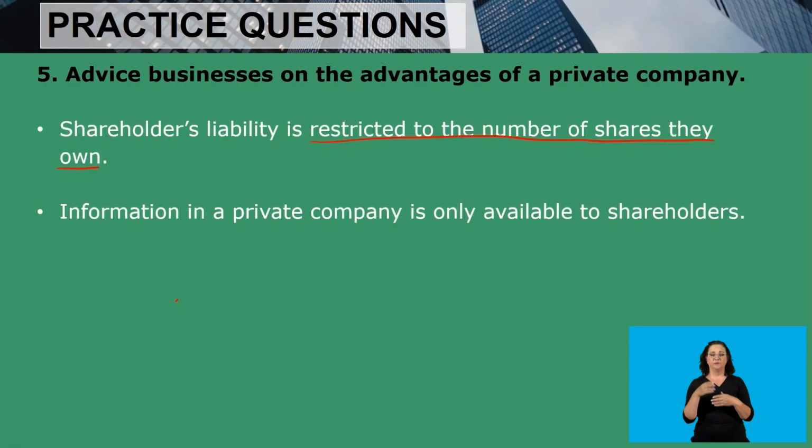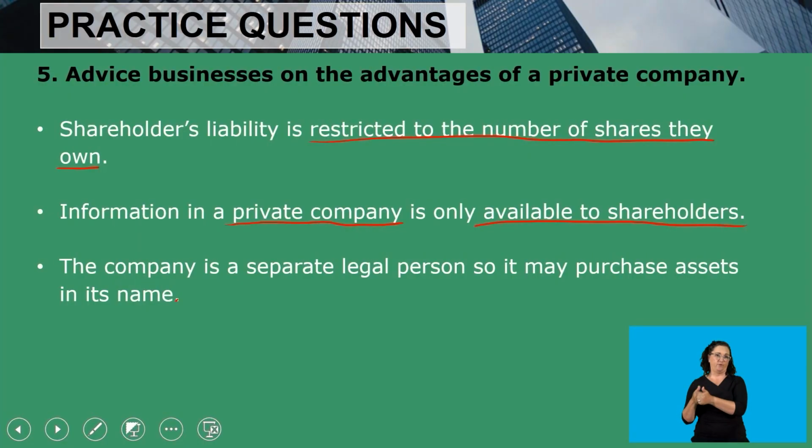The debts of the business do not affect the shareholders' personal assets. Information in a private company is only available to the shareholders. So obviously the information of a private company does not belong to the general public, but it's only available to the shareholders. Why? Because this is a private company.